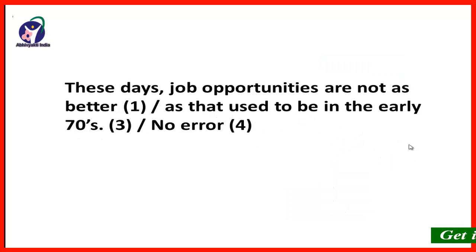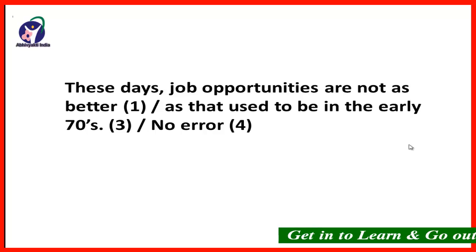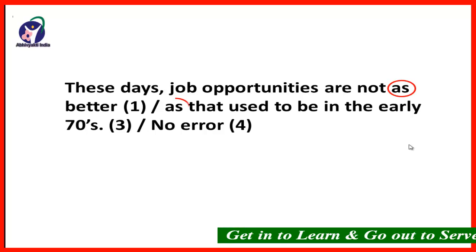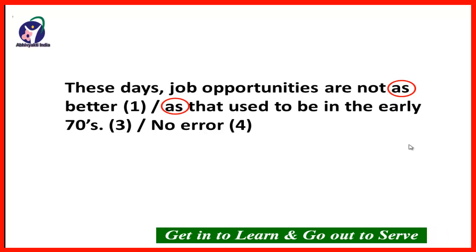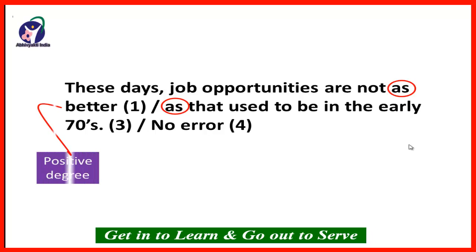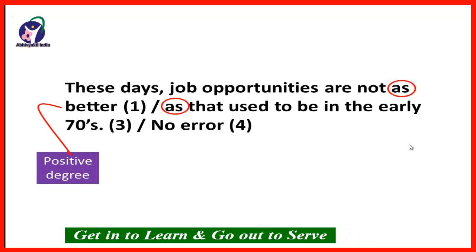The next sentence is: these days job opportunities are not as better as that used to be in the early 70s. Here in the sentence the conjunction as is used. So always remember that between as and as a positive degree is used.